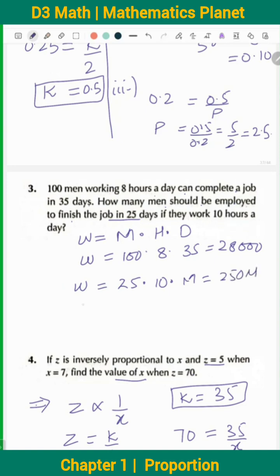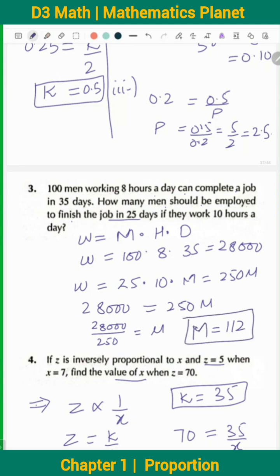Now we can equate them. 28,000 is equal to 250 m. So 28,000 divided by 250 is equal to m. So m is equal to 112 men. The number of men is 112.